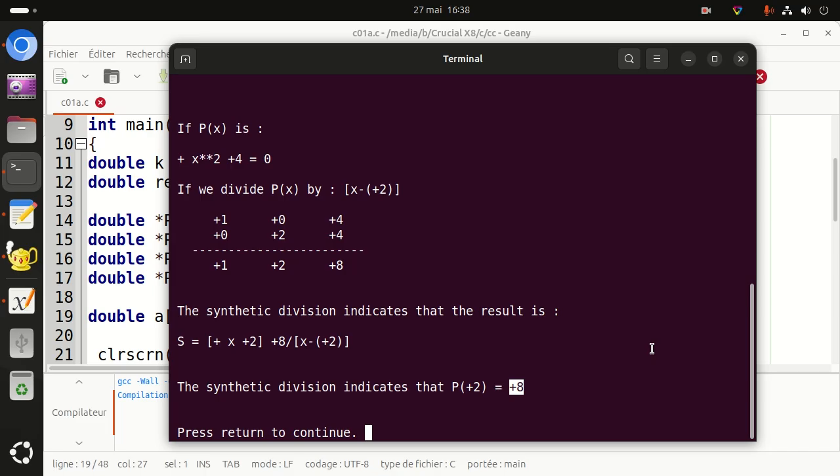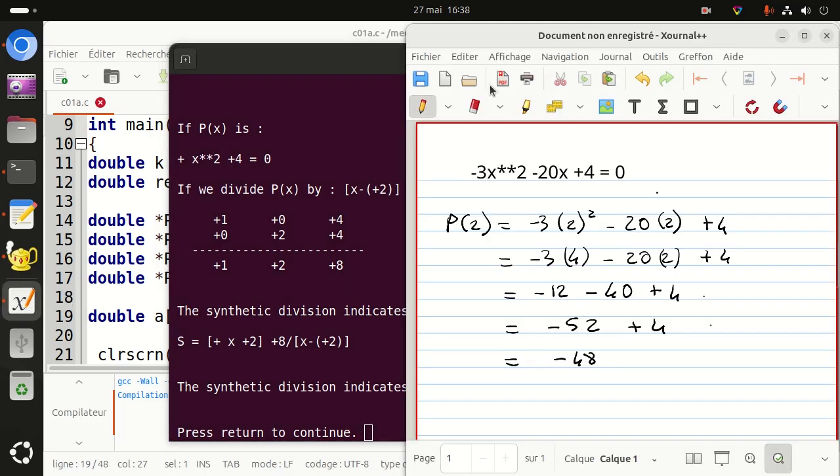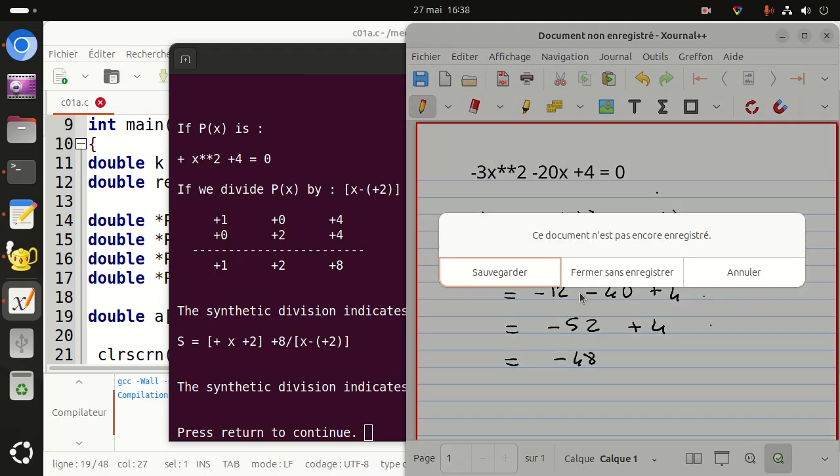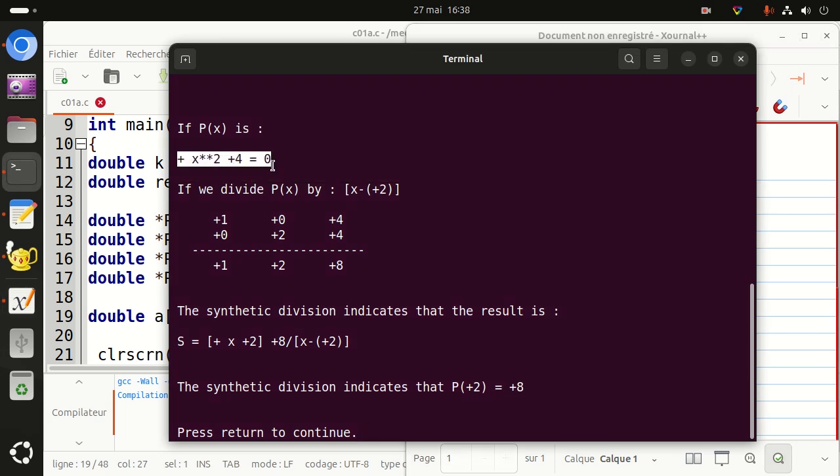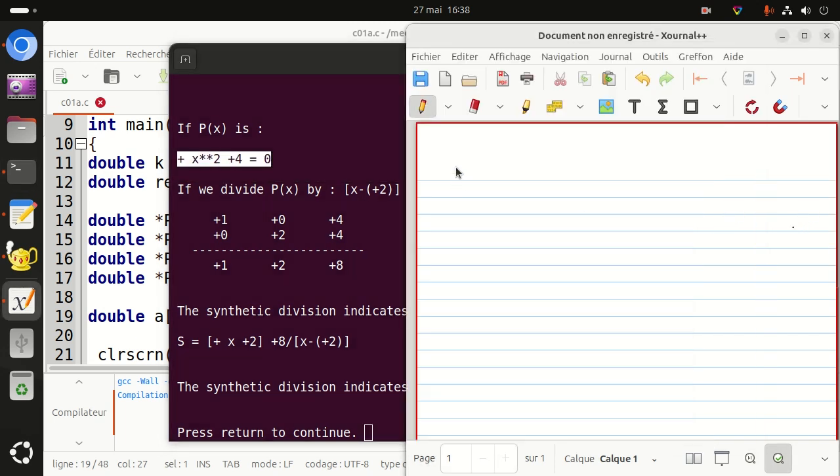Now perhaps we can verify this. The polynomial is x squared plus 4. I want to compute p of 2. This gives 2 squared is 4, plus 4.